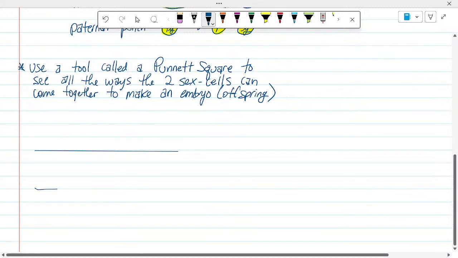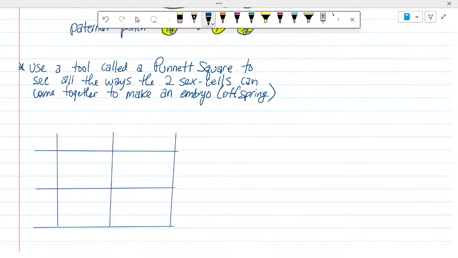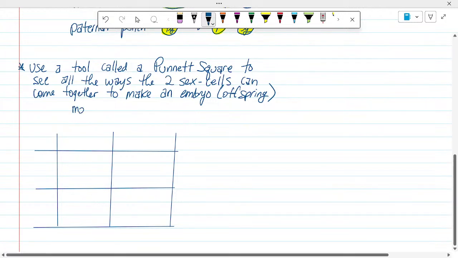Even that's at a little bit of an angle, but I think I can live with that. So I want you to draw a square like this in your notes, and hopefully yours can look better than mine. That's super annoying.